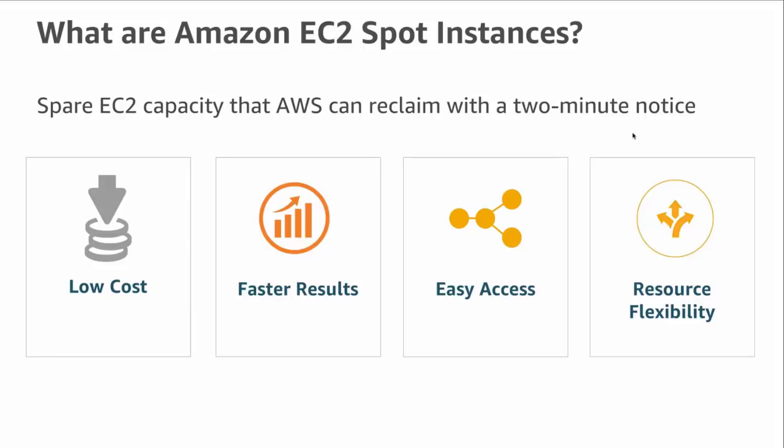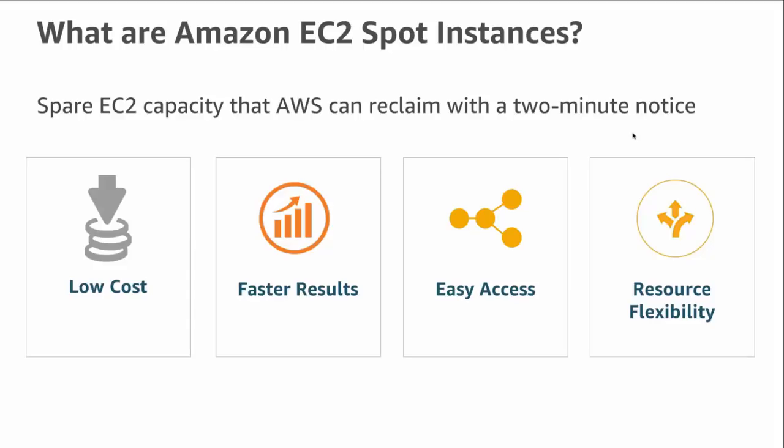Faster results. We like to say, if you can throw more compute capacity at your workload and get more work done faster, which is often the case with batch workloads, Spot is saving you so much that it's quite easy to scale up above and beyond what you normally would with the on-demand purchasing model. It's also very easy to access.